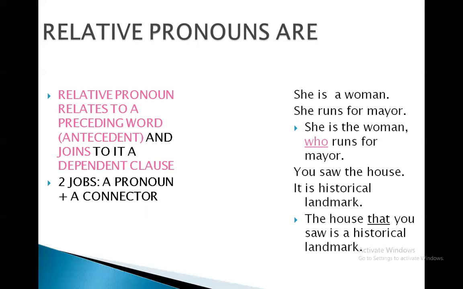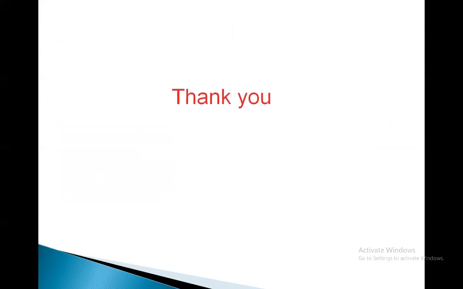This is the word which made the relationship between the two sentences. You saw the house, it is a historical landmark. The house that you saw is a historical landmark. Here that is a relative pronoun which joins two sentences. That and who are working as pronouns as well as connectors.